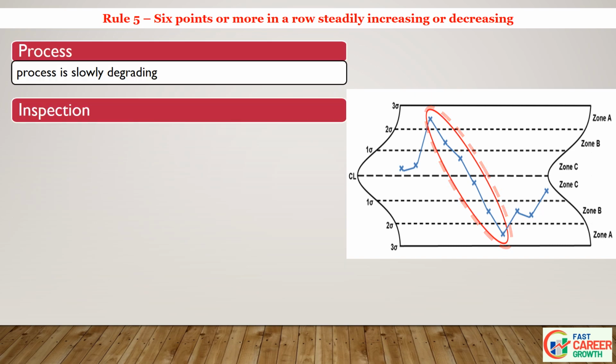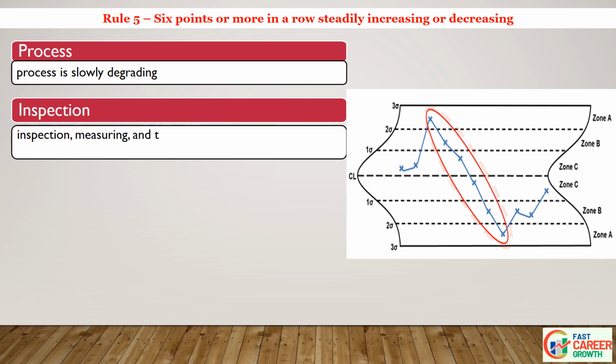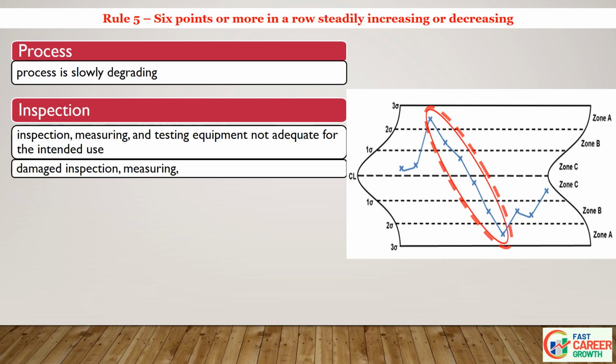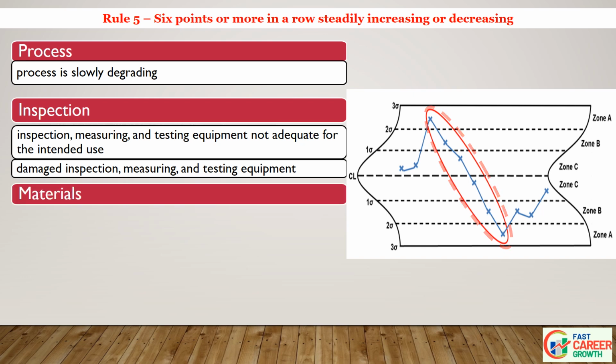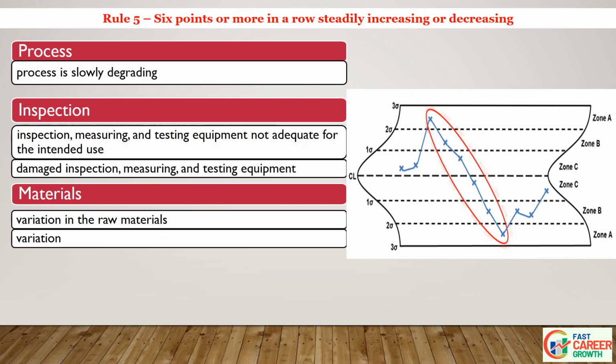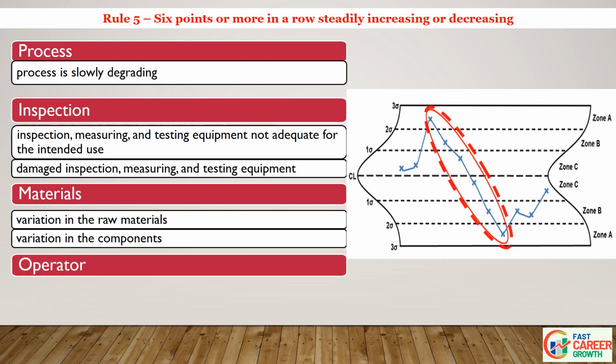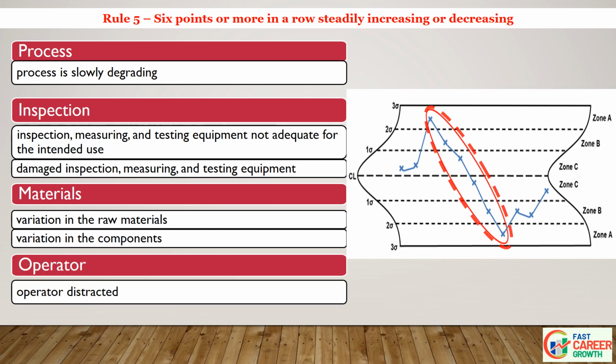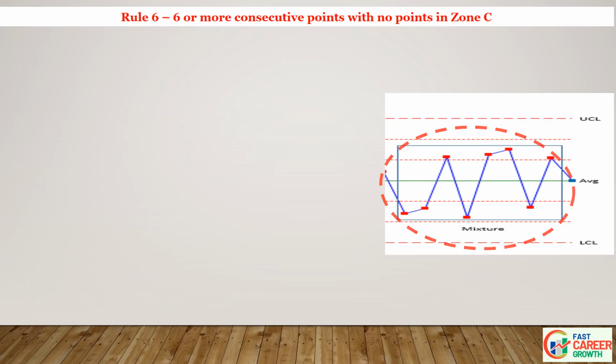Inspection. Inspection, measuring, and testing equipment not adequate for the intended use. Damaged inspection, measuring, and testing equipment. Materials. Variation in the raw materials. Variation in the components. Operator. Operator distracted.